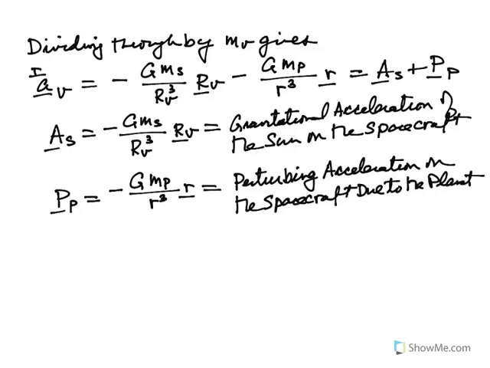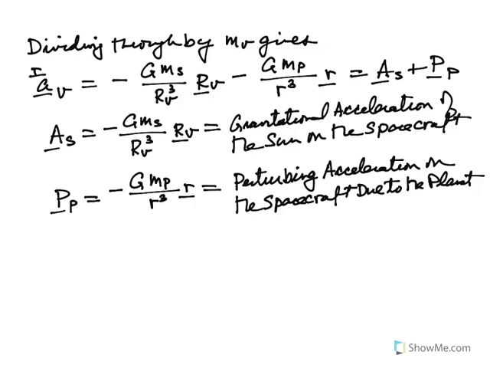Now, if you look at that, you'll say, well, why do we call one A and we call the other one P? It's because what we're looking at here is the effect of the planet when the spacecraft is primarily under the influence of the sun. That's why we label the first one A sub S and P sub P.